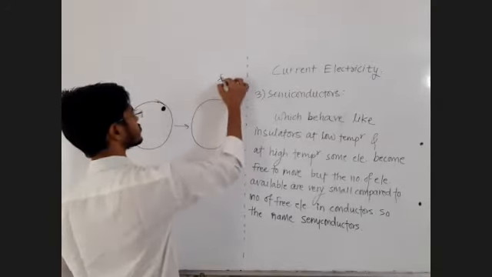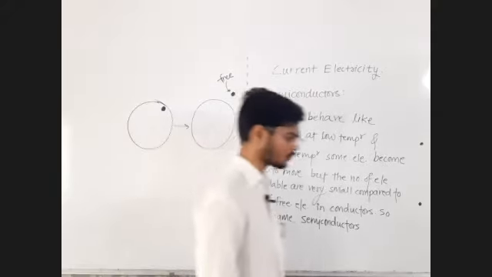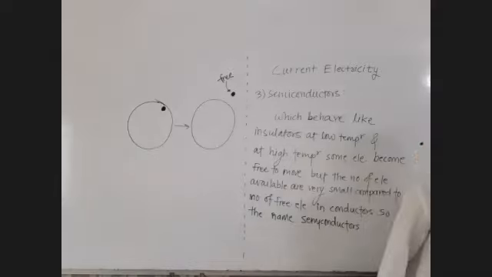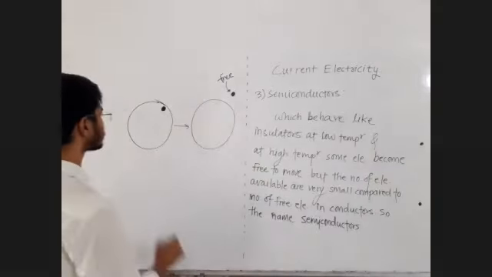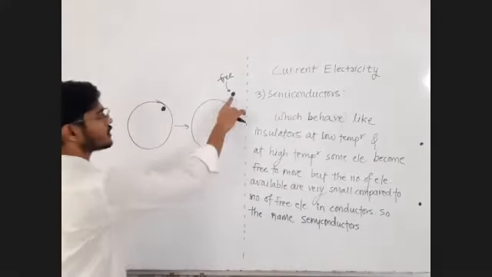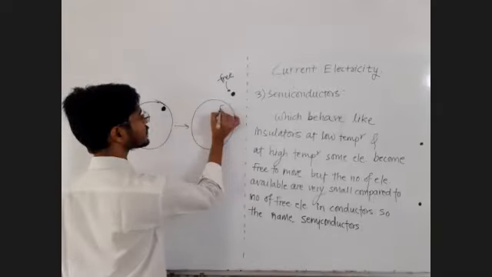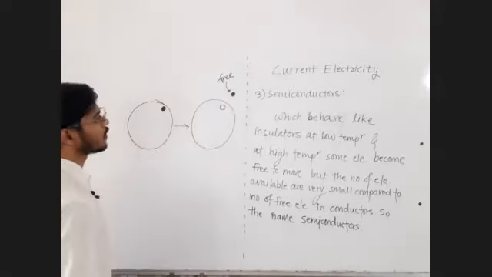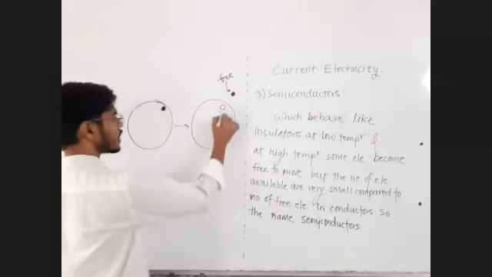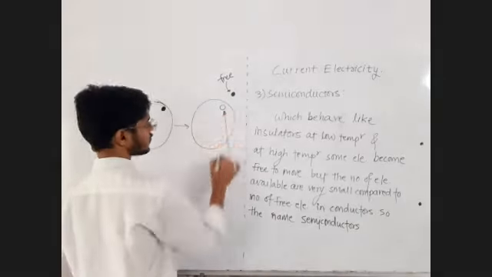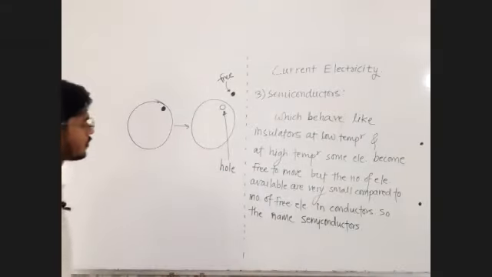That is a free electron, which is available for conduction now, which can contribute to the flow of charges, to the current. But when this electron becomes available, it creates a vacancy, an absence of electron here. So this absence of electron in the semiconductor is called a hole.